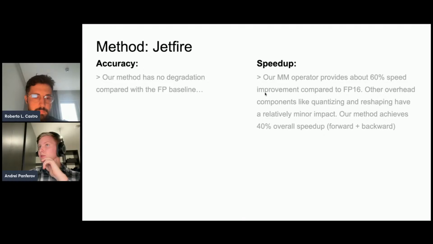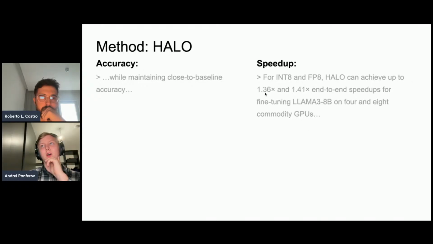Jetfire also said that they incur no degradation whatsoever while demonstrating some end-to-end speedup. And of the more recent methods, Halo also mainly stated that they have close to baseline accuracy while showing some real speedups.